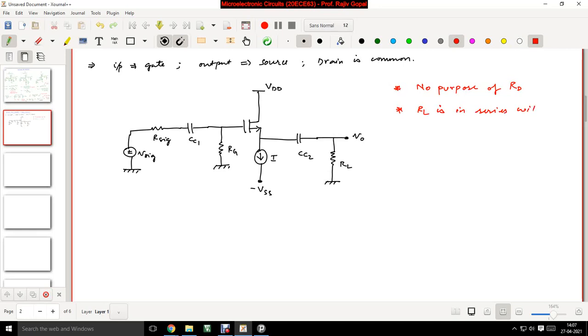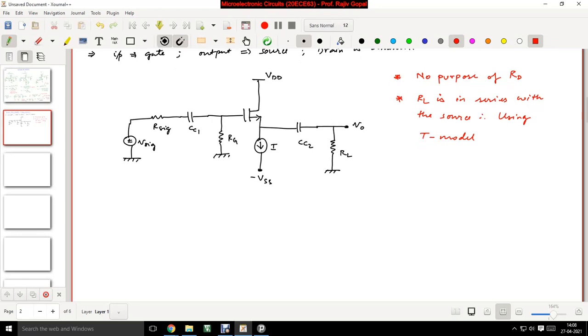Therefore, I can use the T model. Always remember, keep this as a rule of thumb: whenever you have a resistance which is in series with the source, instead of using the hybrid pi model, you use the T model. This is to make the analysis easy, right?